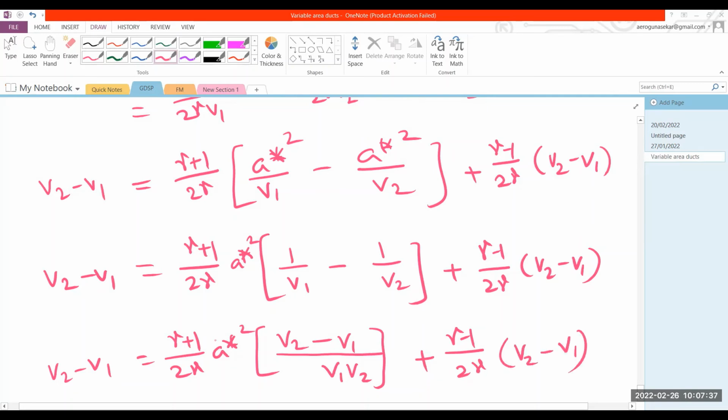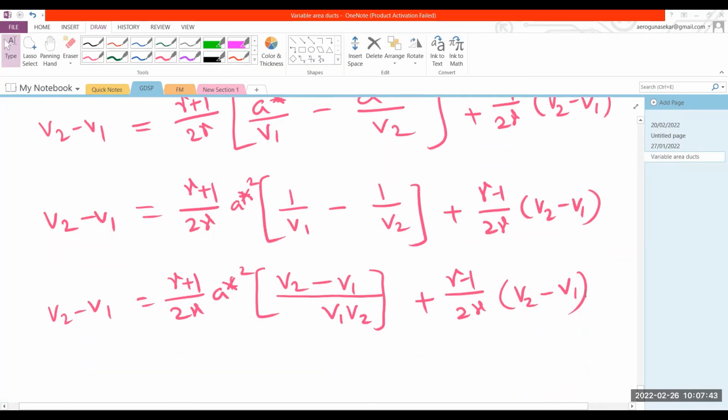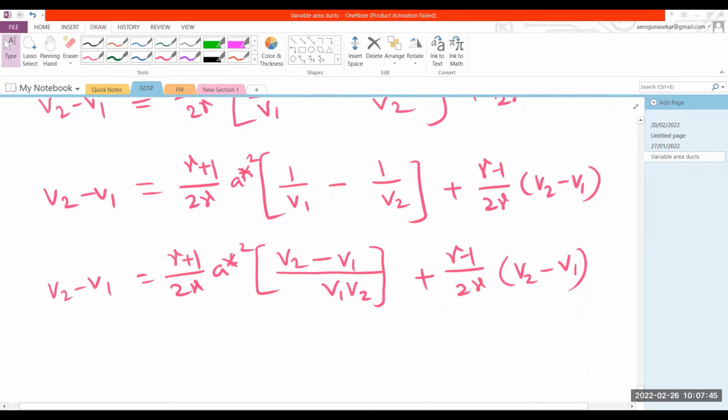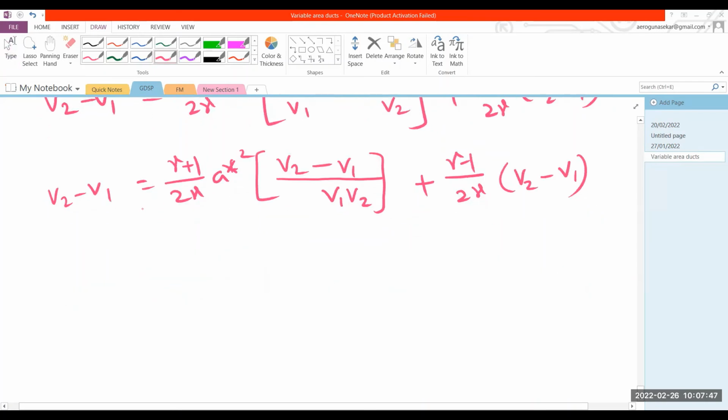Now you can see one thing: one common term throughout the equation, which is V2 minus V1. This common term is there here, here, and here, so we can cancel it out throughout the equation.